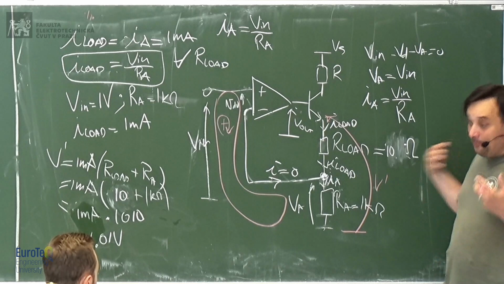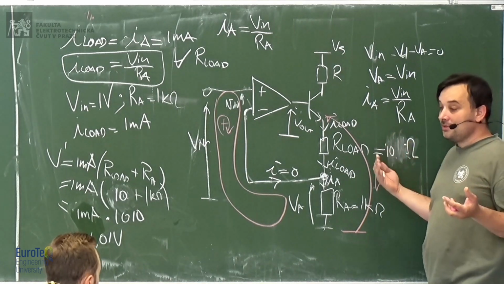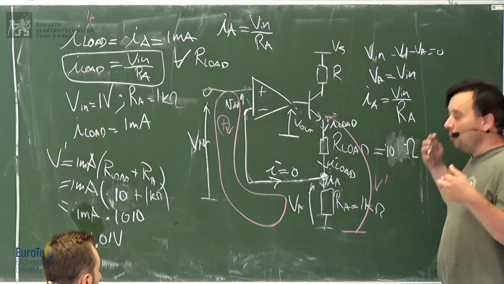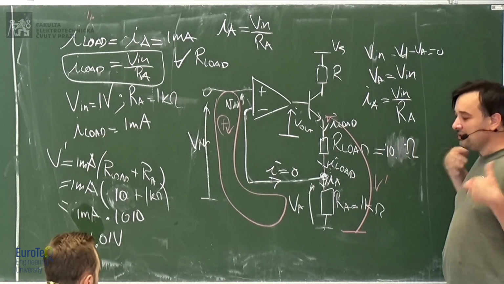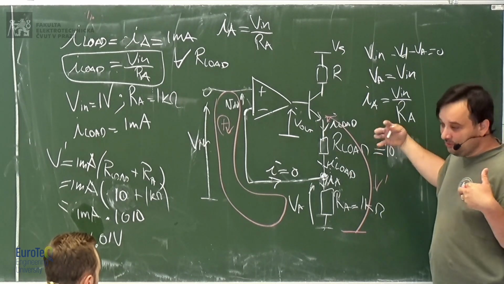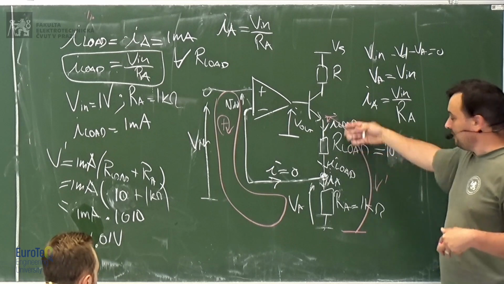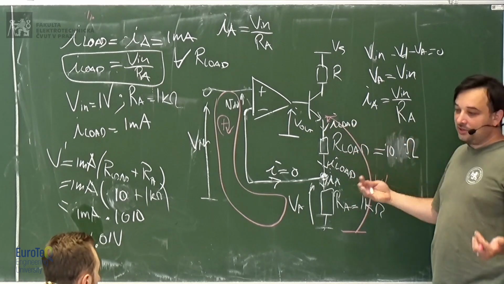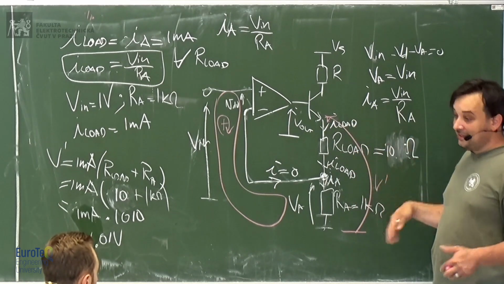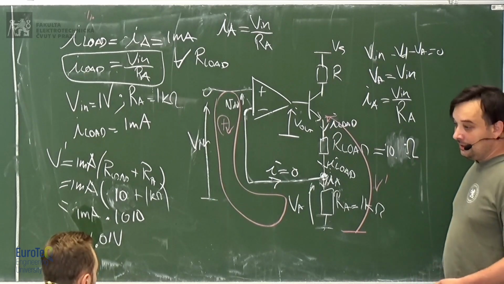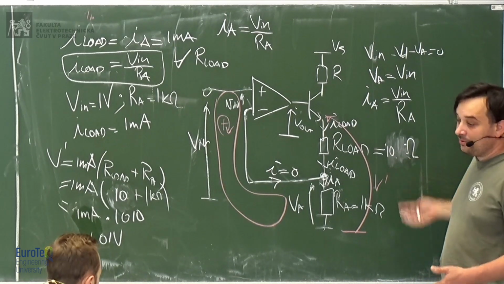So it's a perfect current source because it gives you always the same current that you decide independently of the load that you have. Of course, if the load becomes too big, it will require too large a voltage, and therefore it will not be able to.